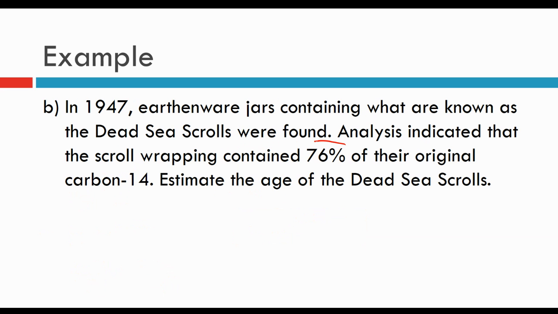So here, when it says we have now 76%, that means when we divide our A and our A sub O, we have 76% left, which is 0.76. That's going to equal e raised to that k value we just got, negative 0.000121 times t. We don't know the amount of time, so I don't know what t is. That's what we're going to find first. Hopefully that model makes sense.